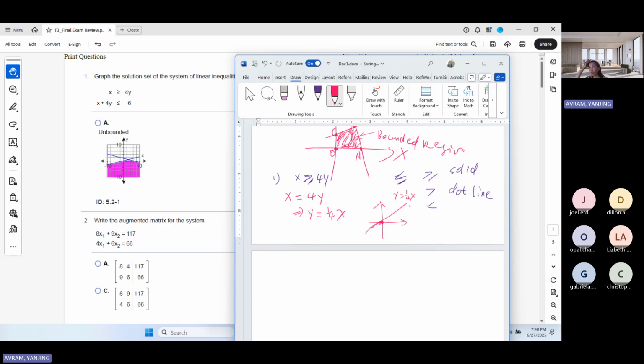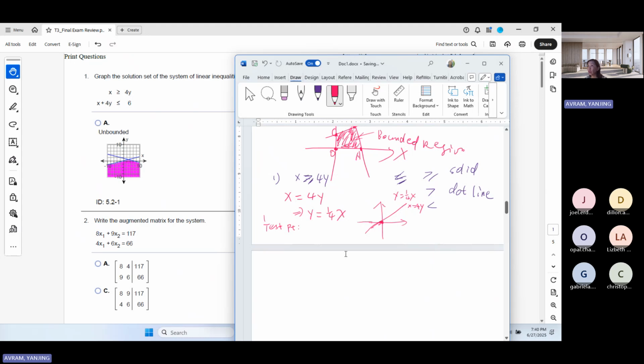And you will see which part is the correct answer, right? So you're going to use a test point. The reason I solve for y is that if you want to use a calculator to graph, you have y equal to 1 over 4x.